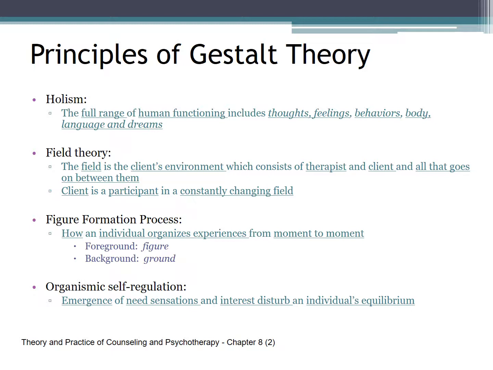Those things that are very, very important become the figure of one's awareness. The theory is basically saying that individuals have the potential to become aware of the shifting needs and sensations and are able to better adjust to them as they come when they're focused on the here and now.